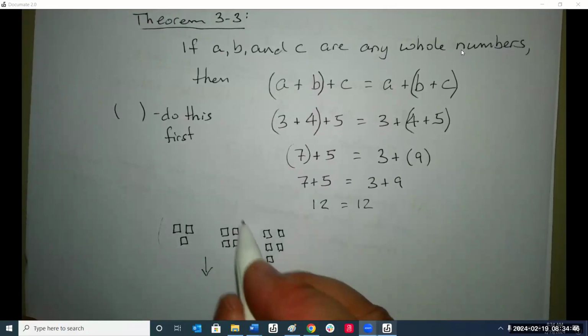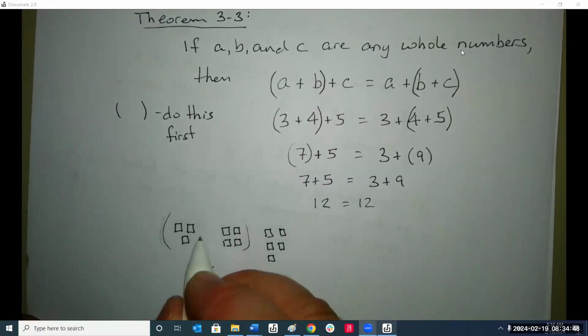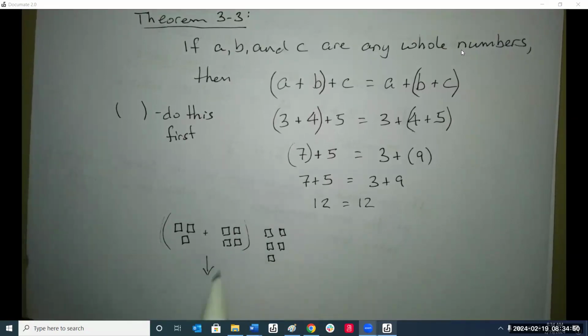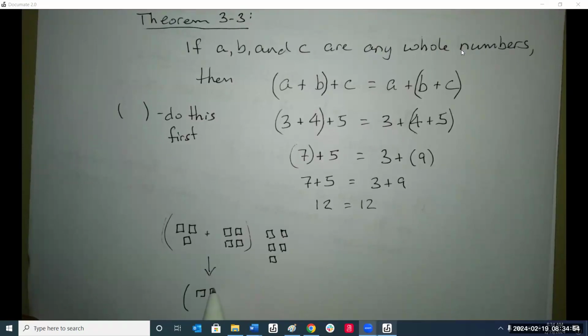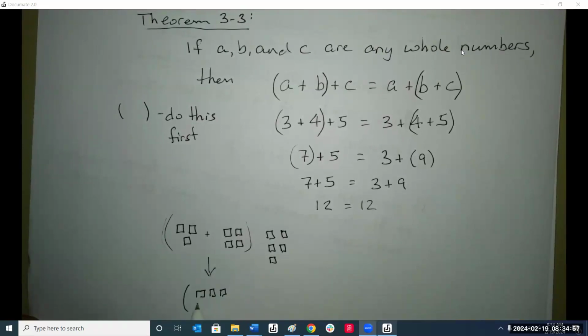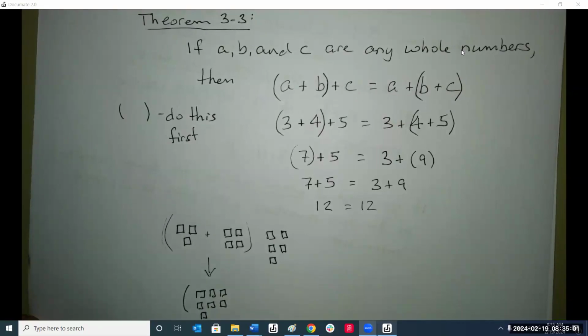is your parentheses would be around here. Tell the students it's where I'm plussing. So if I put all those together, then I have 7.